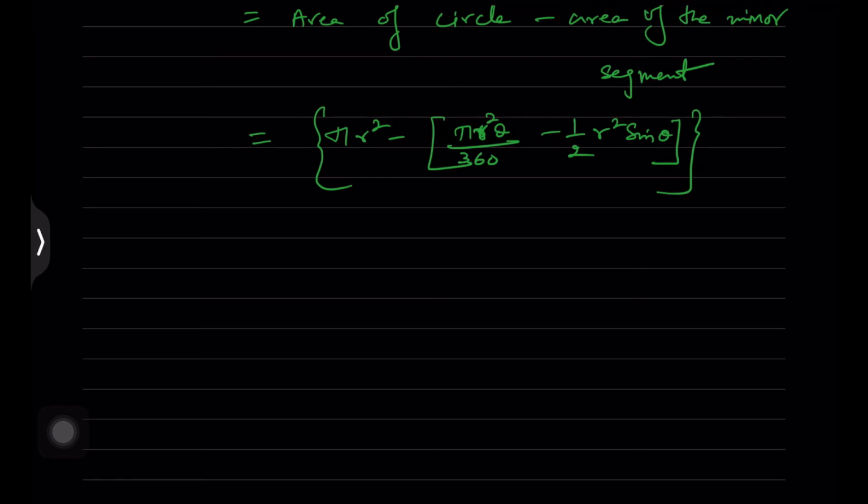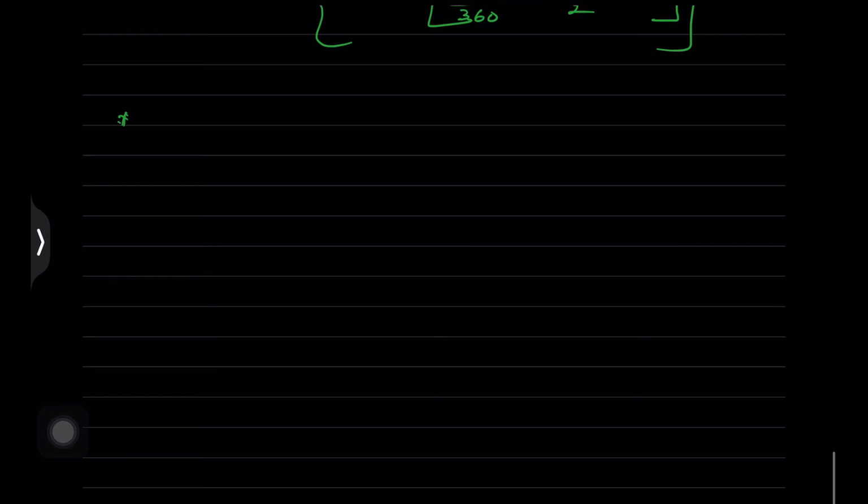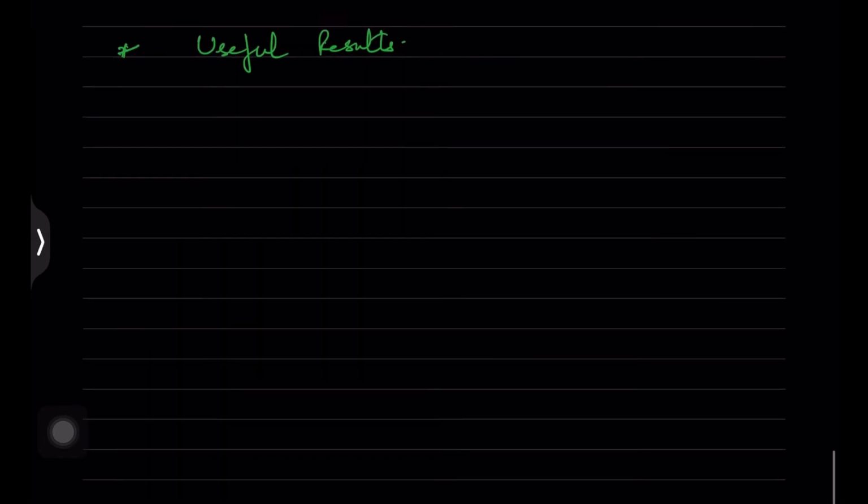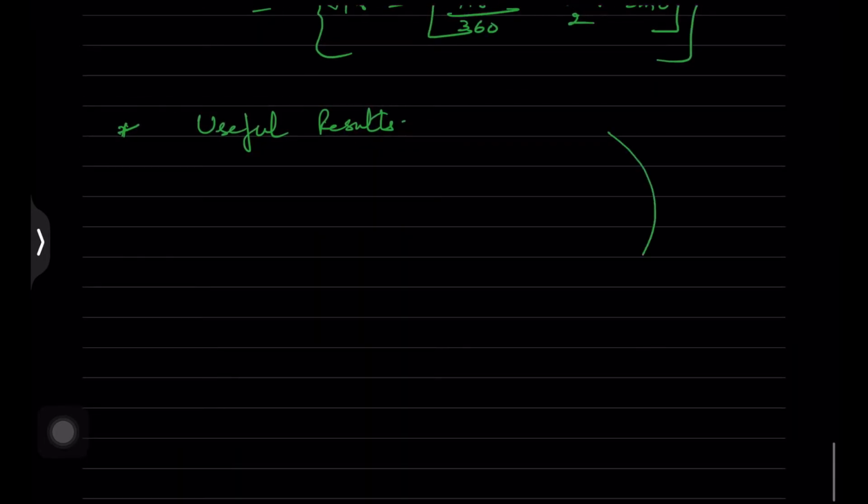When two circles touch each other internally, and when they touch each other externally, how do we find out? So here are some important points, useful results. You have one circle, and if one more circle is touching it internally, how do we find out the radius? We'll see.